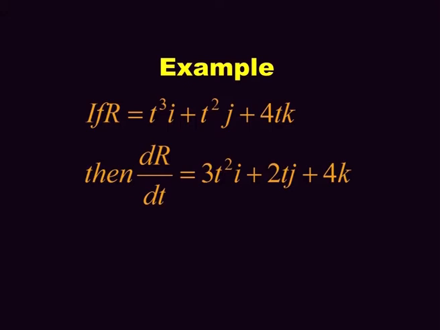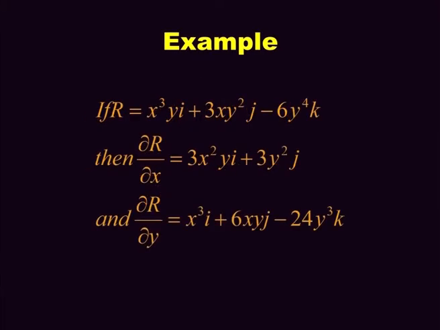So the vector after the derivative is again a vector. And if r = x³y i + 3xy² j − 4y⁴ k, then ∂r/∂x, where we are differentiating partially with respect to x, is 3x²y i + 3y² j, keeping y constant.